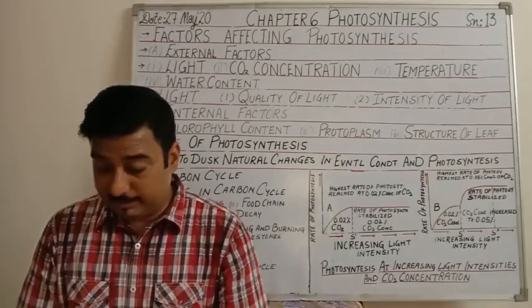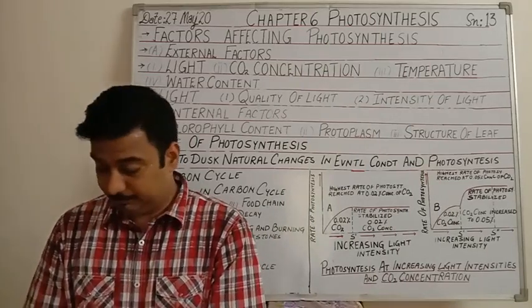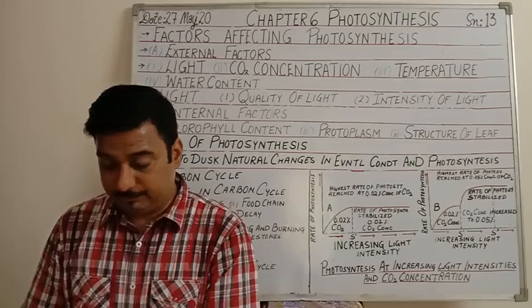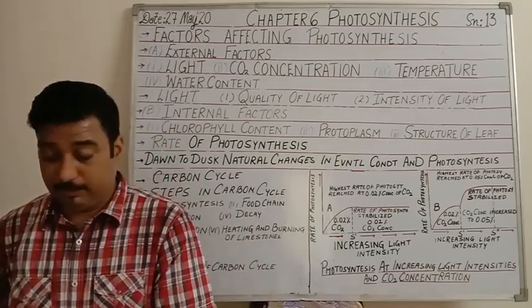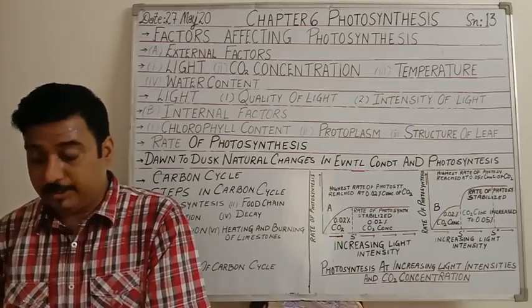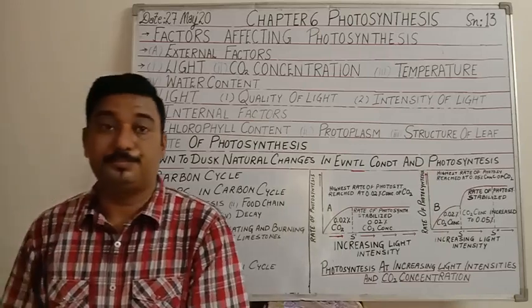The internal factors that we saw were the chlorophyll content, protoplasm, and structure of leaf. Then we discussed the rate of photosynthesis, and ultimately I explained the natural changes taking place from the morning till the evening.